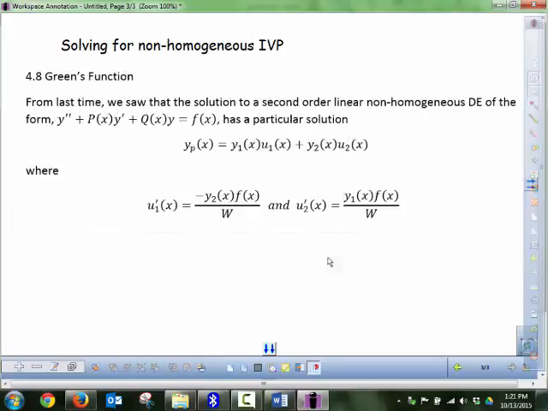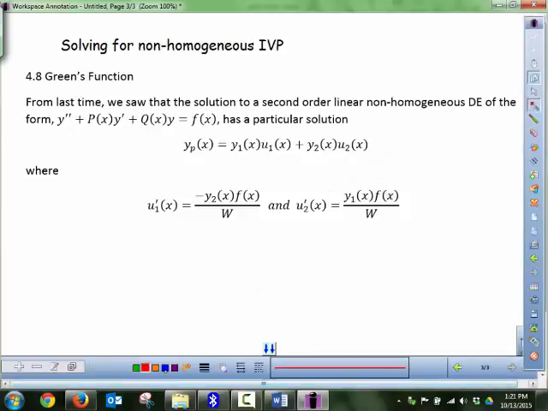So what we have is a differential equation with a non-zero right-hand side, and through variation of parameters, we're able to find what we call the particular solution.